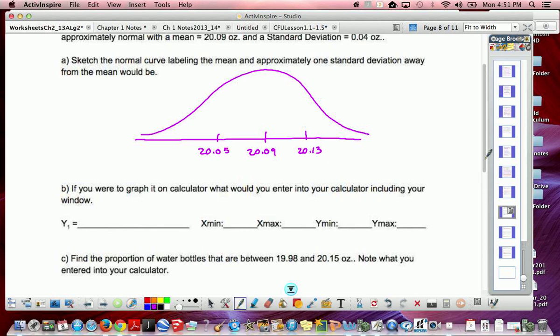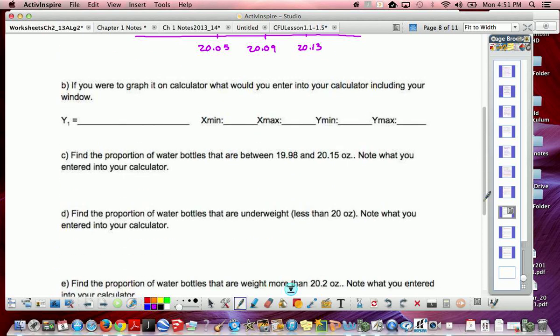So now, we want to put into our calculator to be able to graph it. So I would go normal PDF, X, comma, 20.09, comma, 0.04. So now to get the x min, again you take mean minus 3 times the standard deviation.